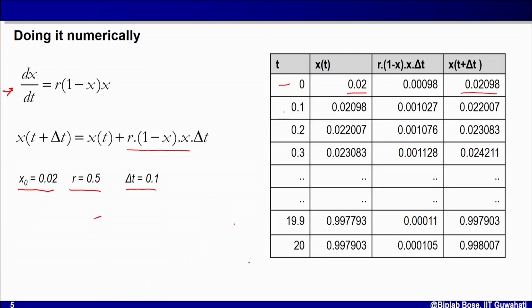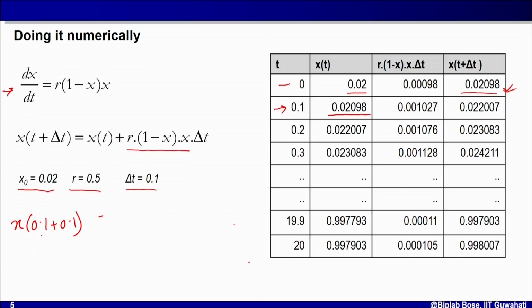So now at 0.1 our value is 0.02098. This value is coming from this one. Now again, if I increment the time by 0.1, that is delta t, I have to calculate what will happen at x at 0.1 plus 0.1.